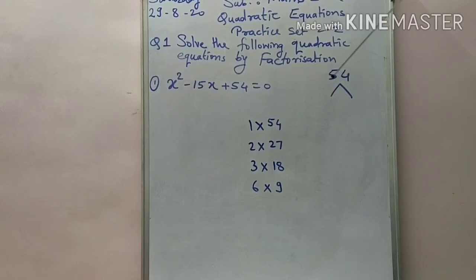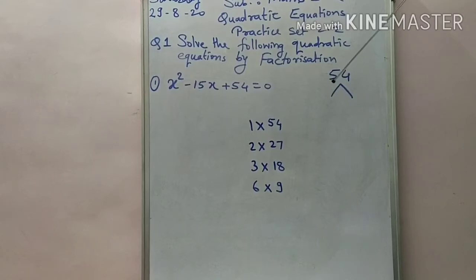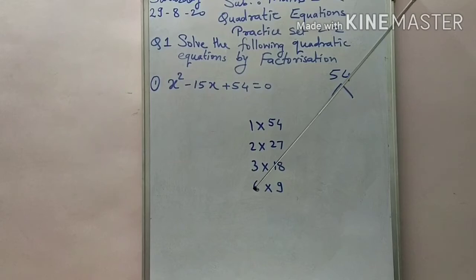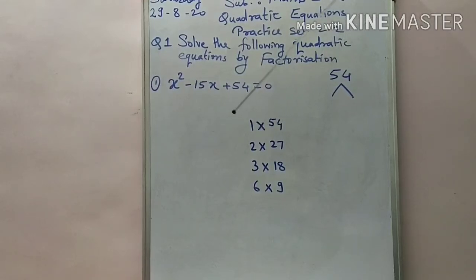The sum of the digits of 54 is 9, and 9 is divisible by 3, so 54 is also divisible by 3. 54 is not perfectly divisible by 4 and 5, but it is divisible by 6. So the next factor pair is 1 into 54, but the addition does not give 15 like this. Where do we get the addition as 15?